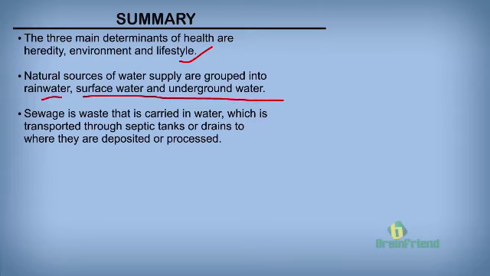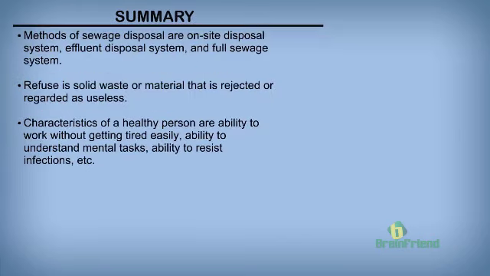We also define sewage as waste that is carried in water, which is transported through septic tanks or drains to where they are deposited or processed. Then we say that the methods of sewage disposal are on-site disposal system, effluent disposal system, and full sewage system. We define refuse as solid waste or material that is rejected or regarded as useless.